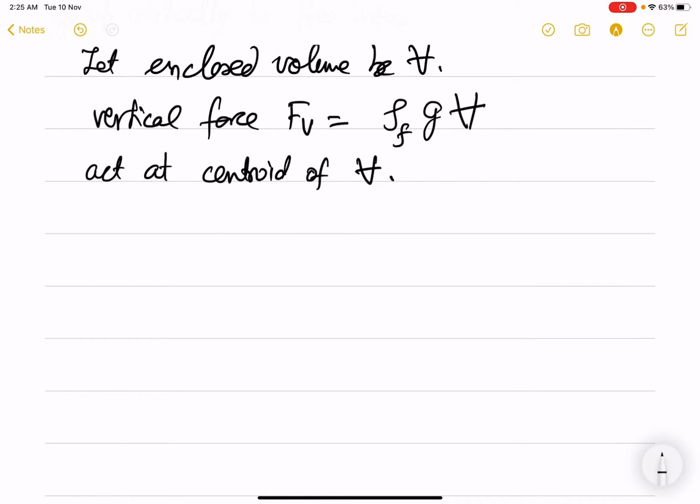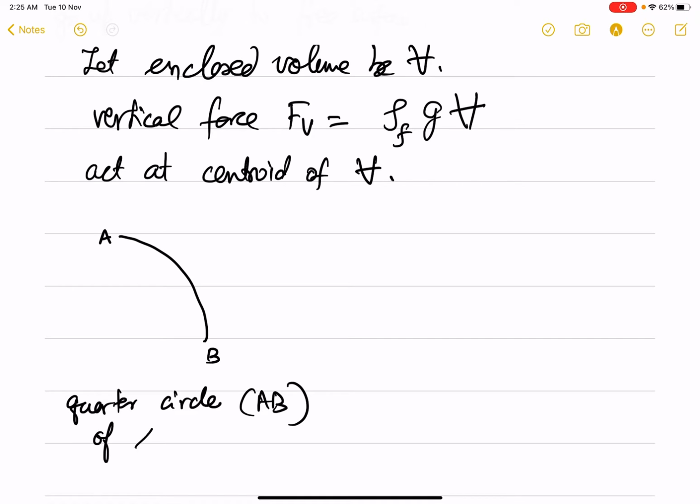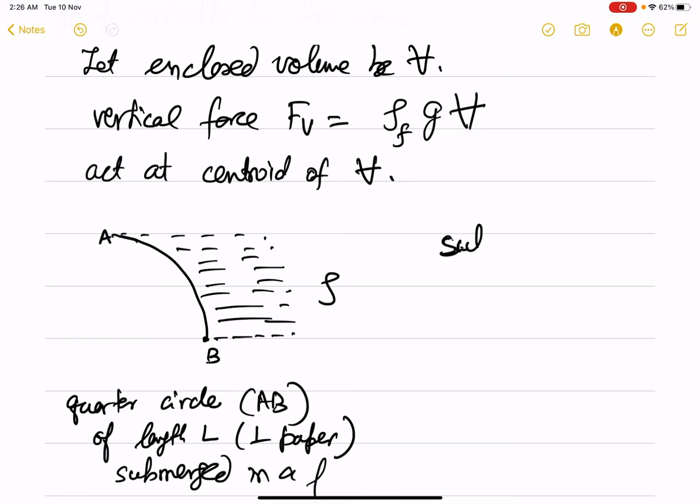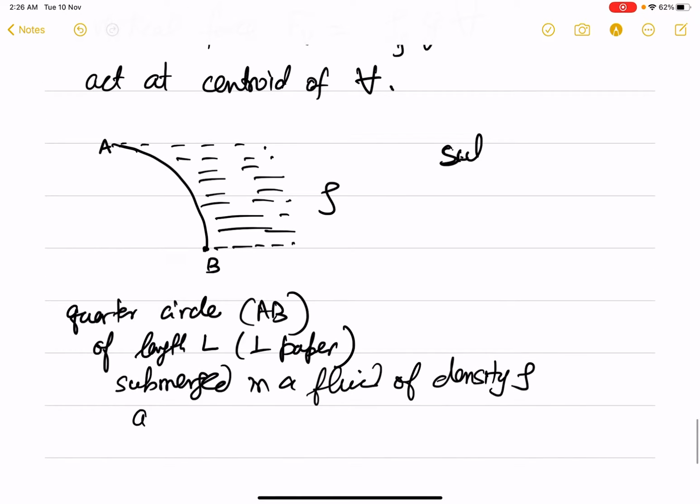Let us just look at a very simple example. Let us take a quarter circle gate, a quarter circle curve AB of length L in the direction perpendicular to the paper, and this is submerged in a fluid of density rho, as shown.